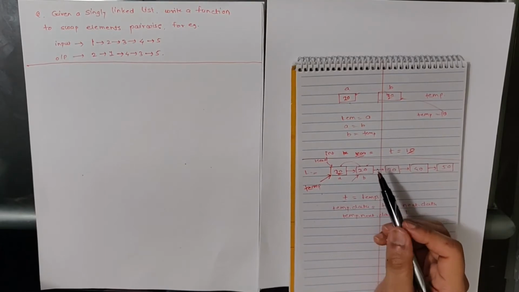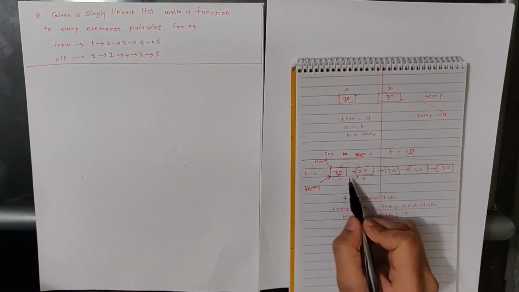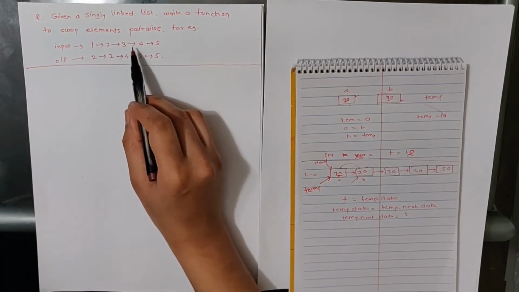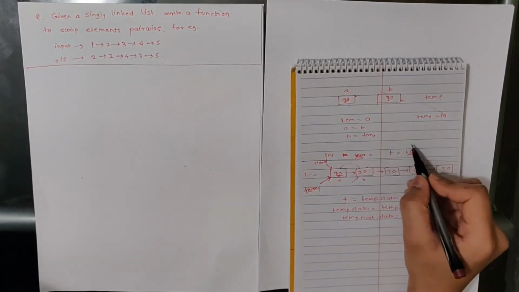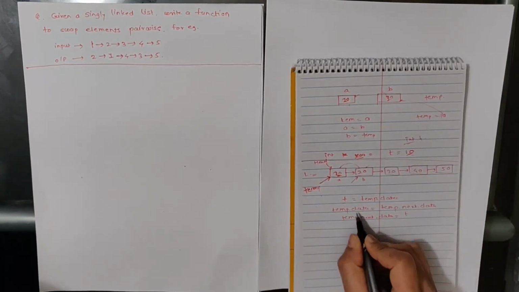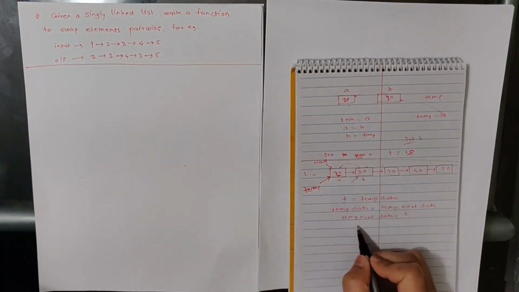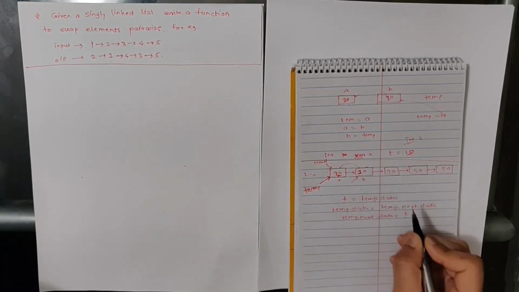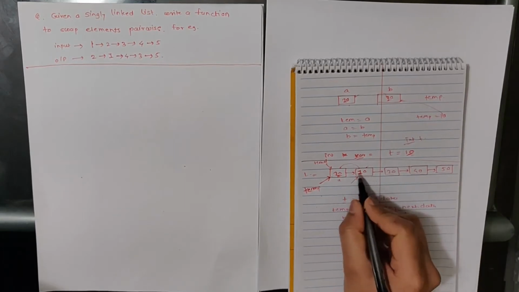So we are considering here that the given list is of integers, the values in it are integers, that's why we are storing it in int t. So temp next data will be t, that is 10, and we have now swapped these two.